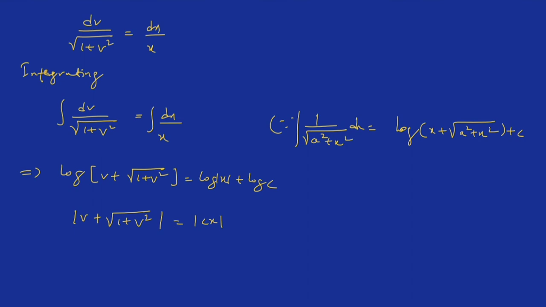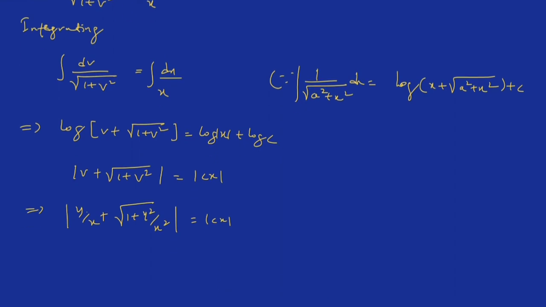Now substitute the value of v. We get y by x plus under root of 1 plus y square by x square, which equals cx.